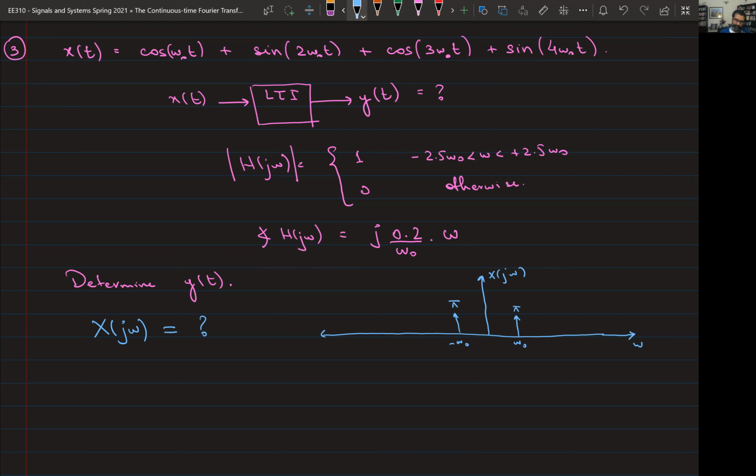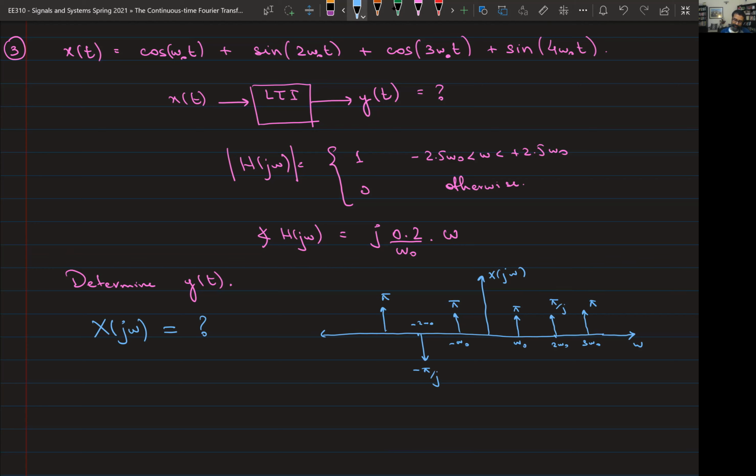And then there's an impulse residing at 2 omega naught. The height is pi by j. There's an impulse residing at minus 2 omega naught, and the height is minus pi by j. And 3 omega naught. The height is pi, minus 3 omega naught, height is pi.